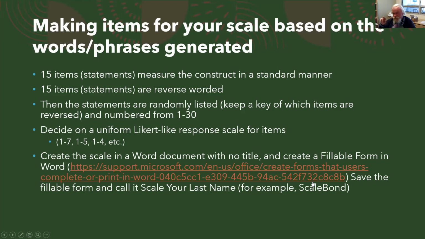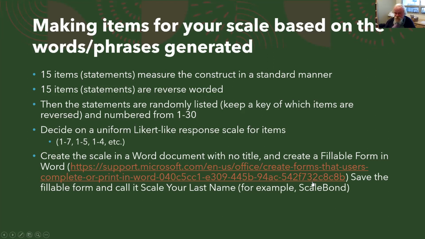You'll keep track of which items are supposed to be reverse scored after people take your scale, okay? But you want to make sure they're all mixed up so that whoever the scale taker is, they don't just write down 7, 7, 7, 7 going all the way down the 30 items. We want them to think about what they're rating each time they read one of your items, okay? So that's why we mix these up, and some are reversed and some are straightforward, okay?